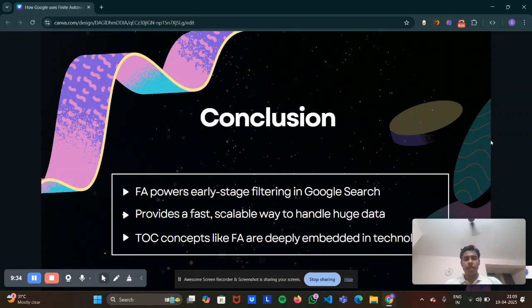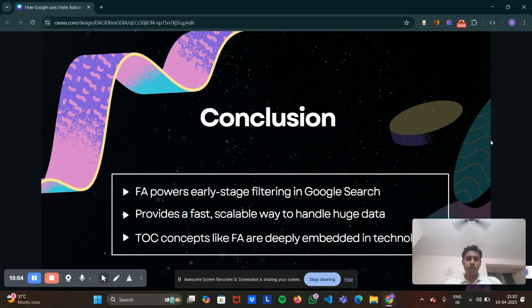Now, we have come to the conclusion. To sum up, finite automata plays a key role in how Google works, especially in the early stages of crawling, indexing, and filtering. It's simple, efficient, and highly effective. While we often focus on high level algorithms and artificial intelligence models, it's important not to overlook the fundamental concepts that enable these systems to function.